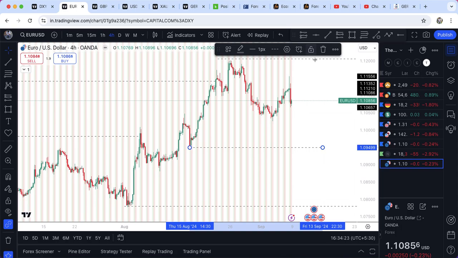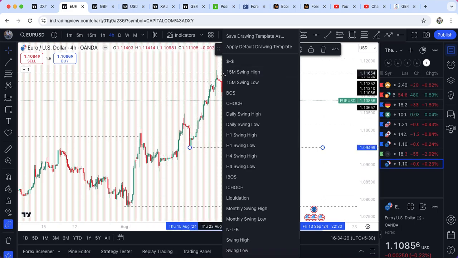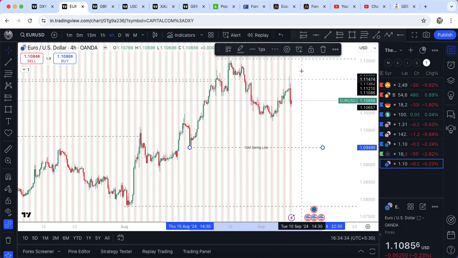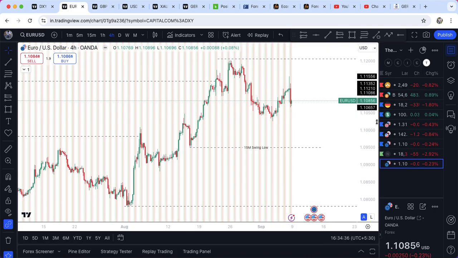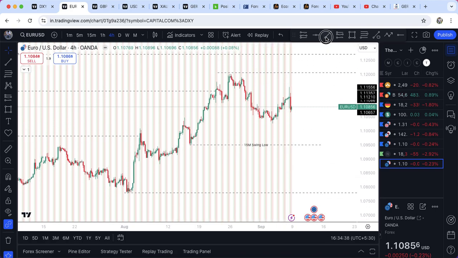Okay, I'm going to put in another 15 minutes low, because in a lower time frame it's going to be a 15 minutes low. That's all printed. If you check it out, if I have to mark all this, you're going to see that this high was broken.